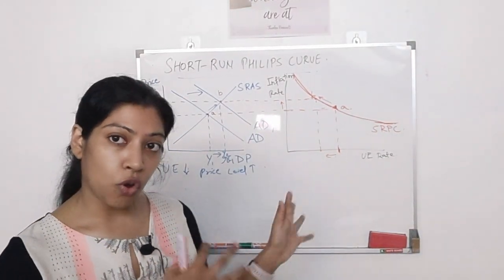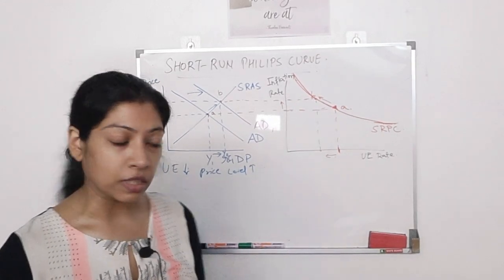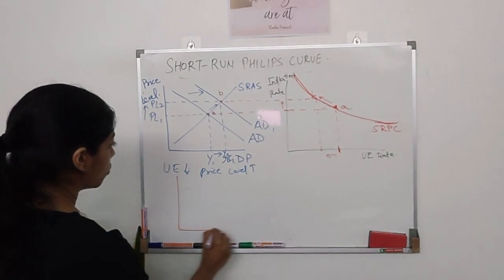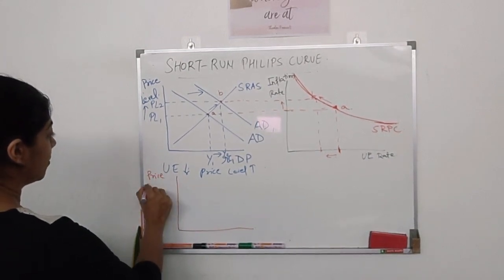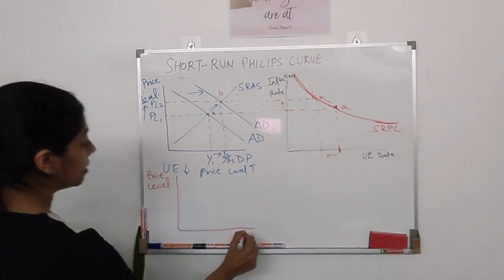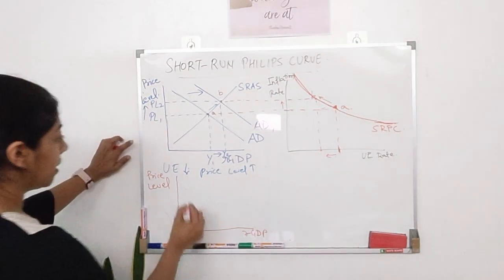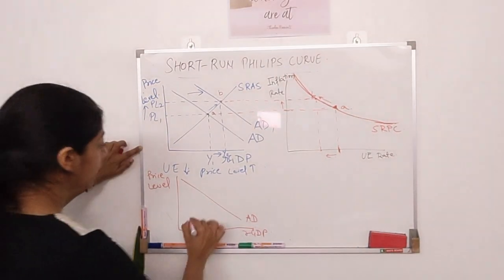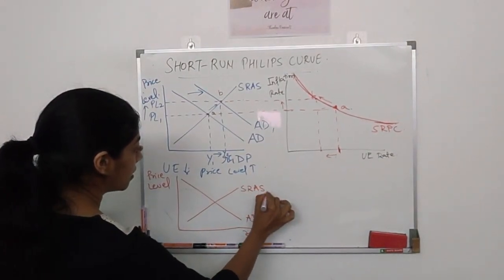So let's just draw the diagram for cost push inflation. I'm drawing it over here. Start with price level on the y-axis and real GDP on the x-axis, and my downward sloping aggregate demand curve, upward sloping SRAS curve.